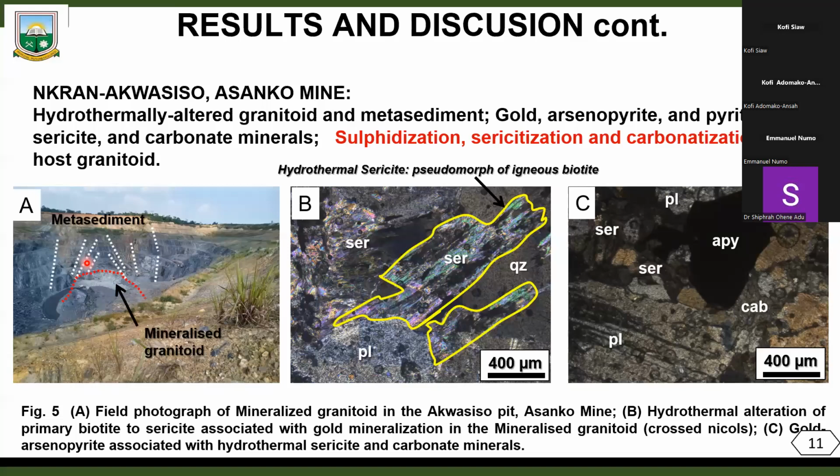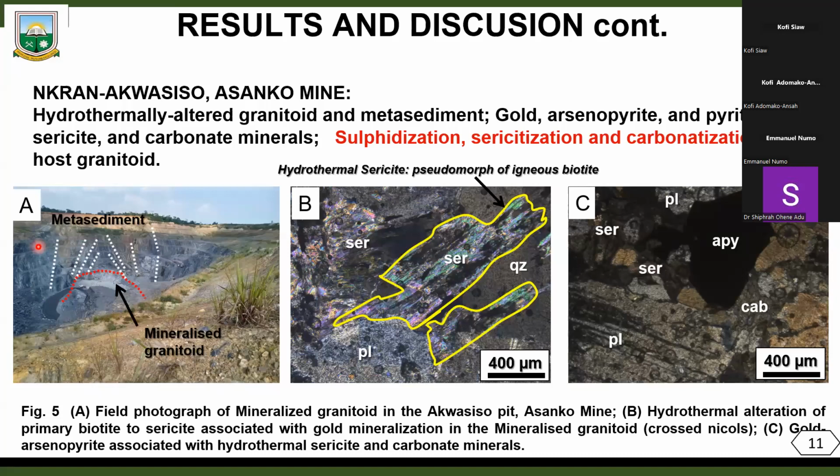Away from where the intrusions are, most of the meta sediments are aligned vertically on each other. So that is the feature here, and this is a very important feature. Then number two, I show you photomicrographs of the kind of alteration that is occurring within the deposit.